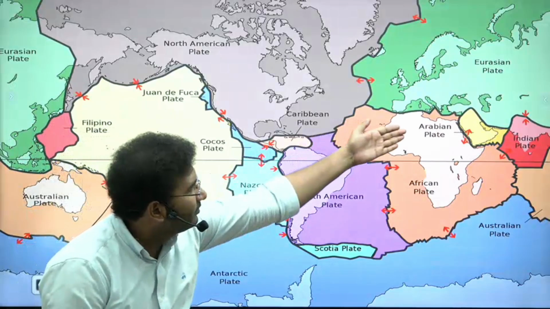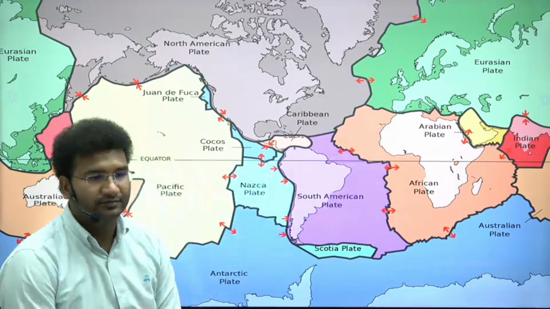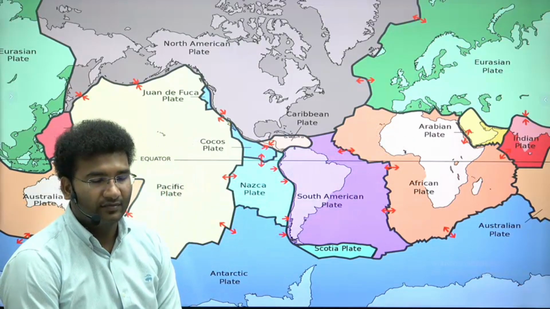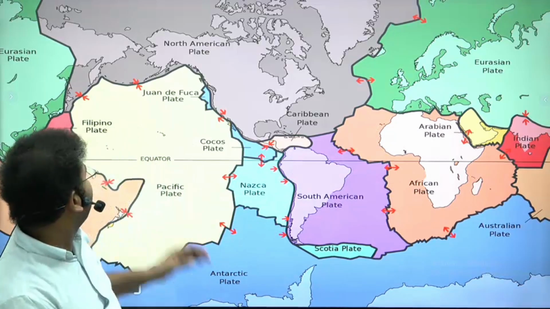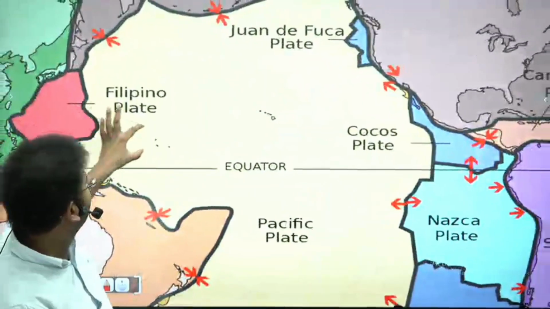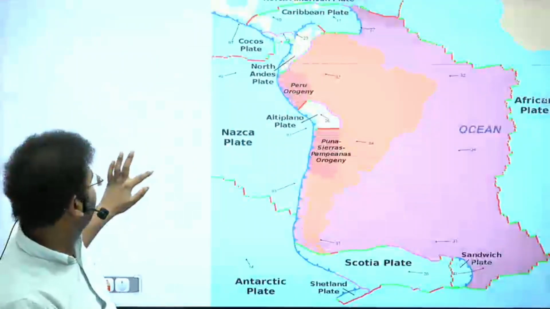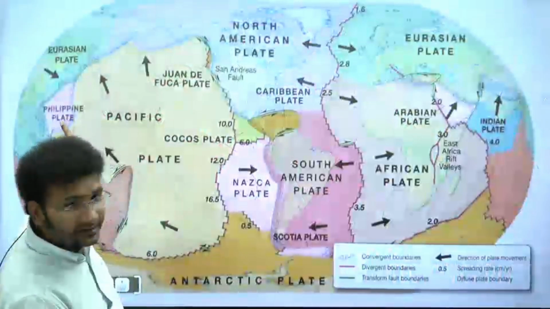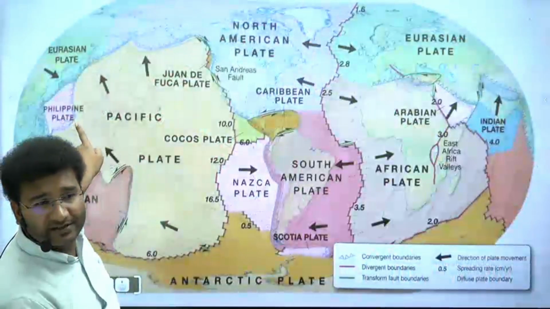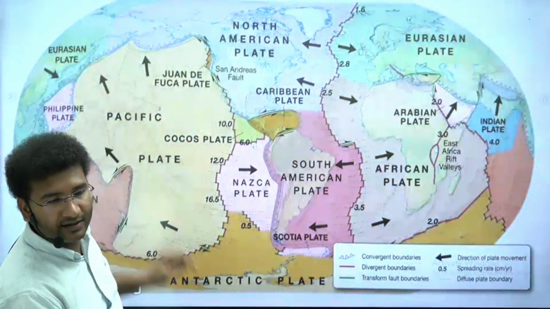Next is the Arabian plate, a small plate. And look at Philippines. The Philippines plate. Philippines is here. The Philippines plate is a minor plate.